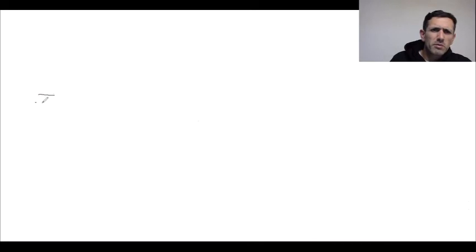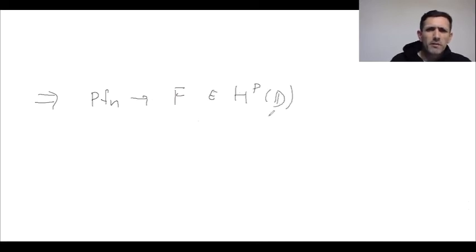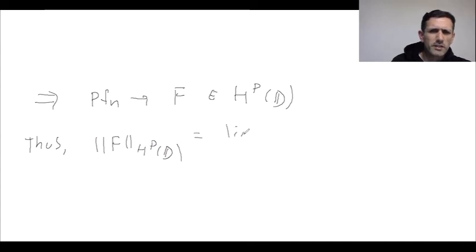So assuming it's complete, this converges to, I don't know what, something, let's call it F, in H^p. Okay. Right, so thus this H^p norm here of big F is just this limit here.